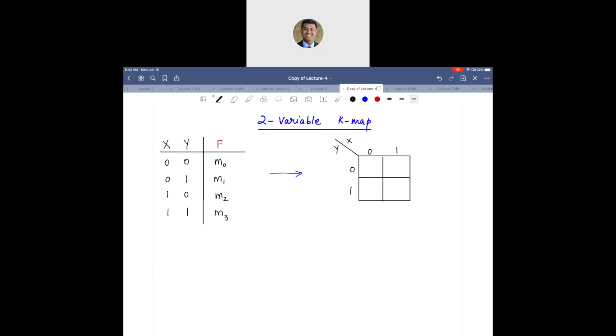Now when x is 0, y is 0, f is minterm 0. So let me put minterm 0 right here. And similarly, when x is 0 and y is 1, you have minterm 1, minterm 2, and minterm 3. So those are essentially where those particular terms will lie.